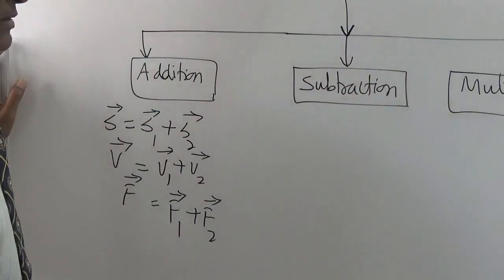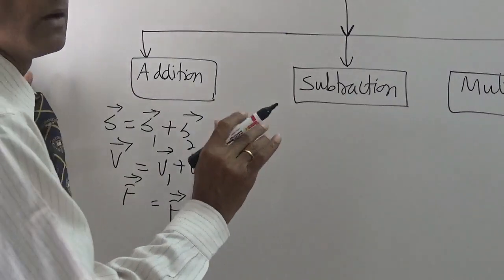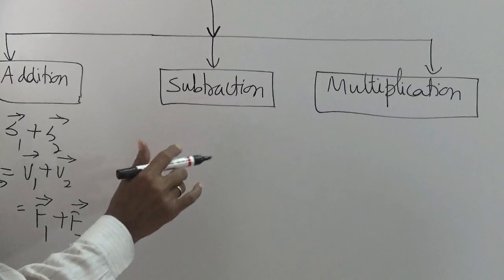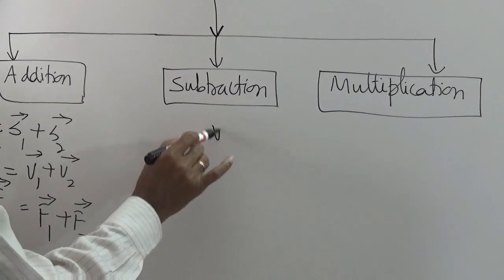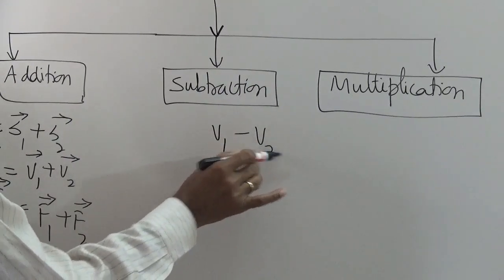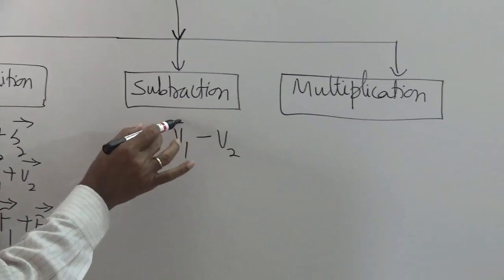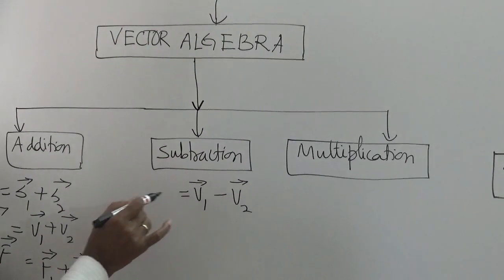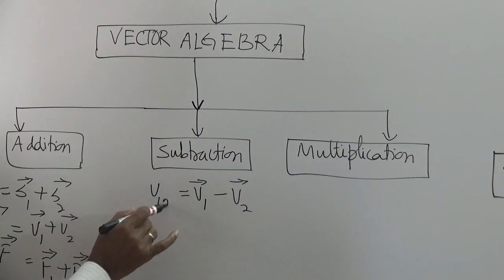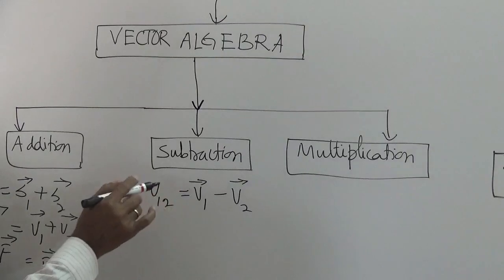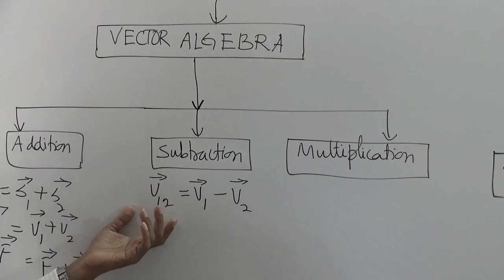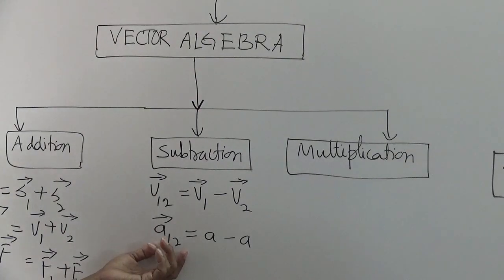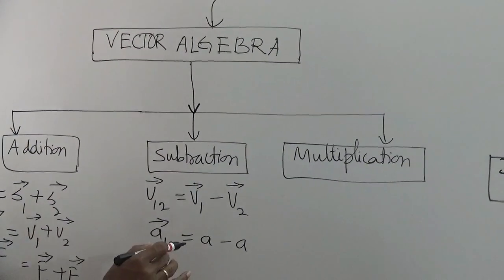In subtraction, we can write velocity v2 is subtracted from velocity v1. v1 minus v2 will give you the velocity of 1 with respect to 2. So this is the idea behind relative velocity. Similarly, we have relative acceleration.